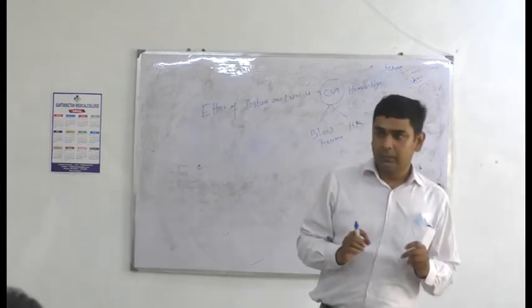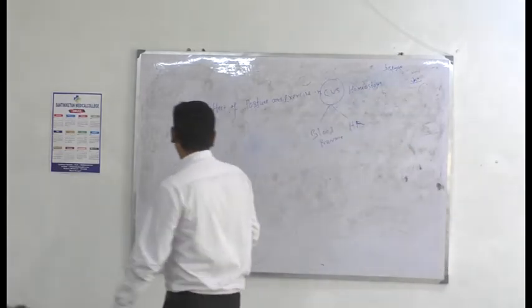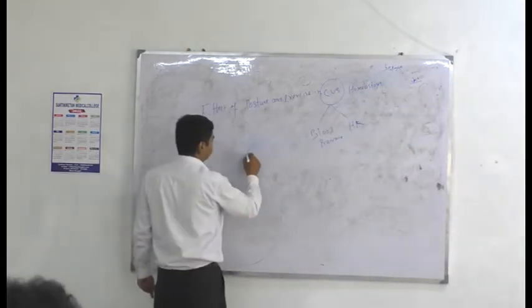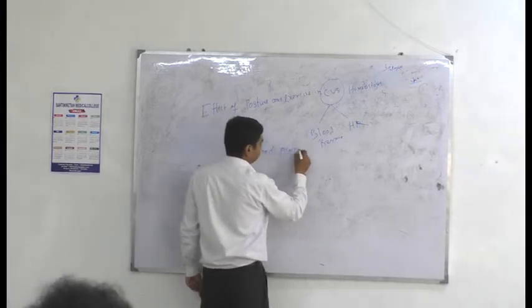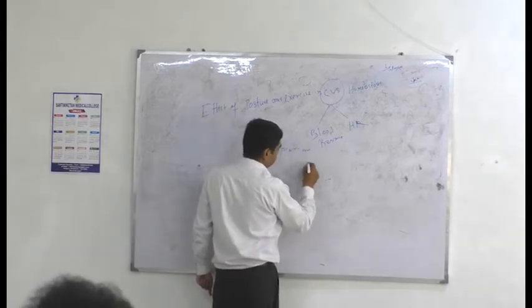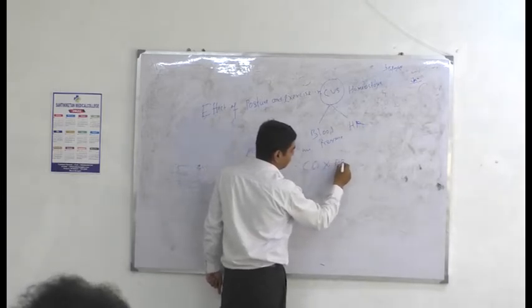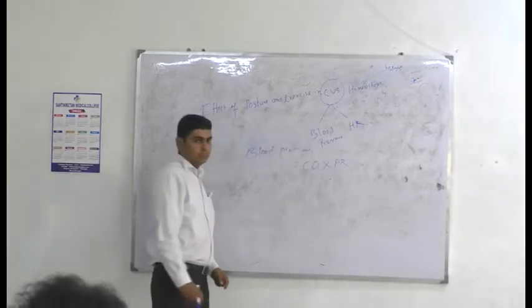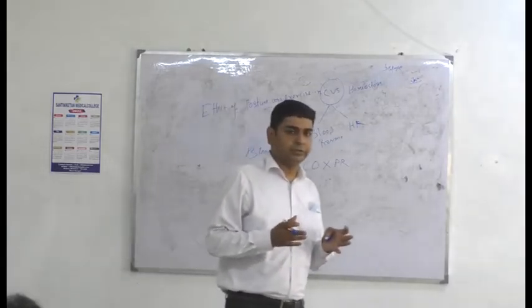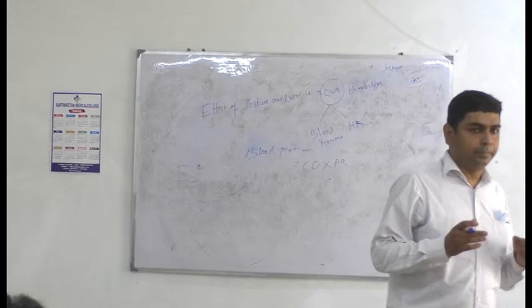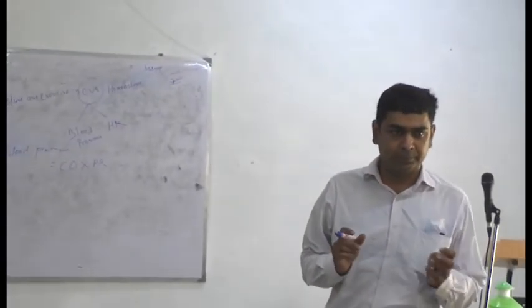Now blood pressure consists of cardiac output into peripheral resistance. That is the blood pressure.